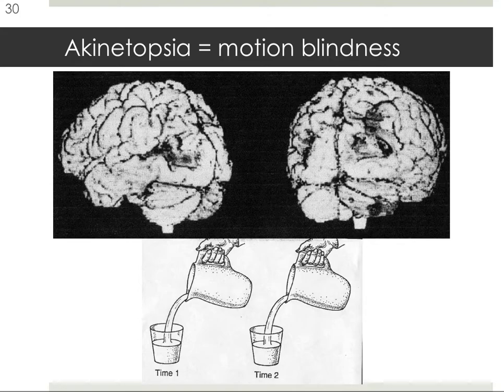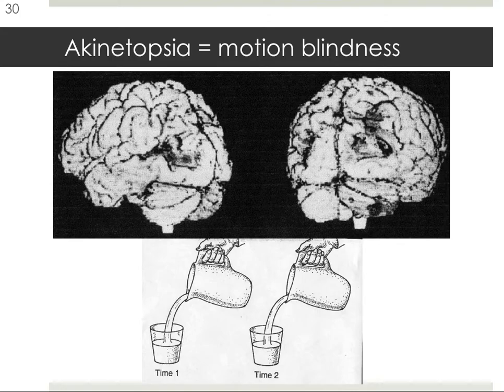While most people are integrating different images to form a smooth perceptual experience of movement. Think of an animated GIF, which is actually just a bunch of images that are stuck together. We infer the movement, but people with akinetopsia don't infer movement, right? They just experience the world as static images.